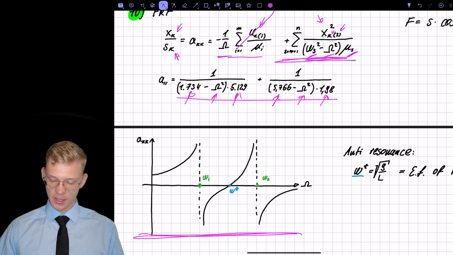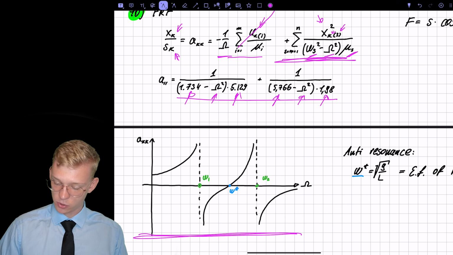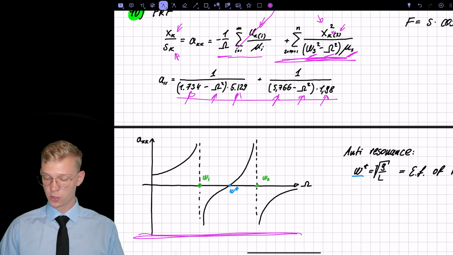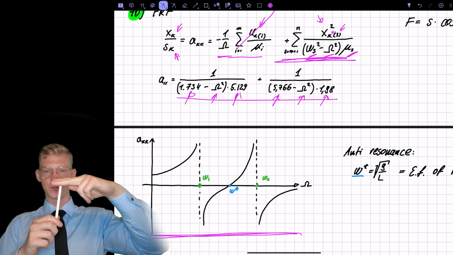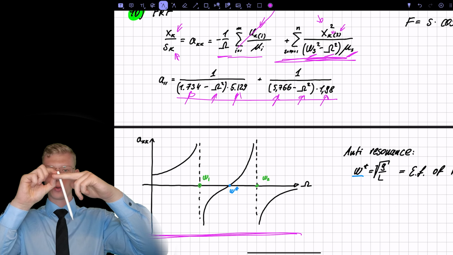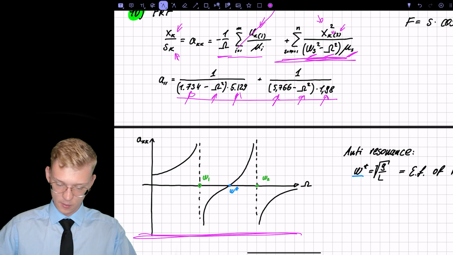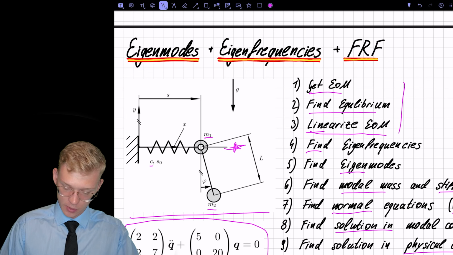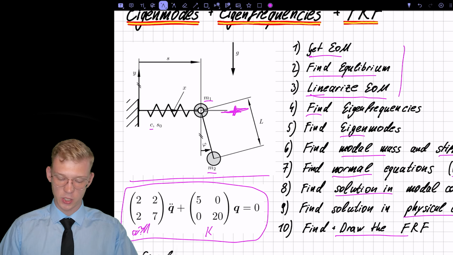So if we excite our system, sorry, I should have mentioned that. So we excite our degree of freedom 1 with cosine omega times t. So we have our system and we pull on the spring. So we have a periodic force, a harmonic force in this direction.